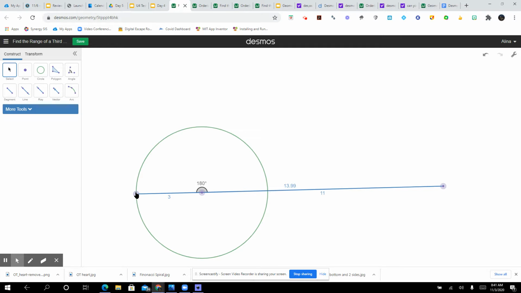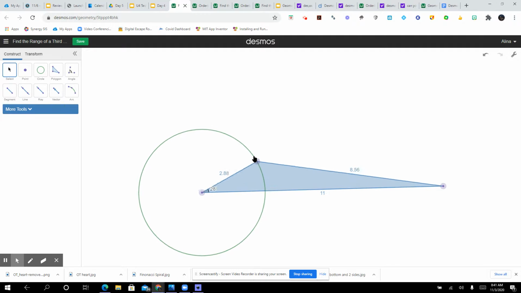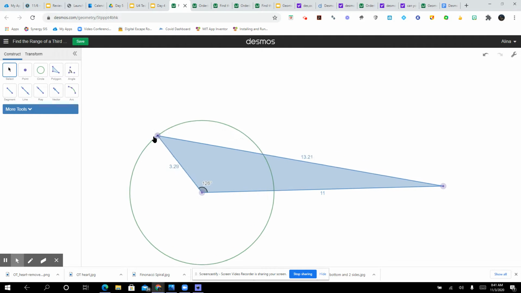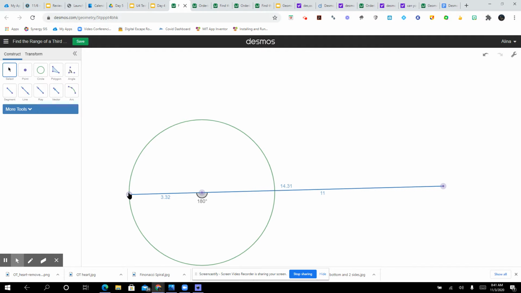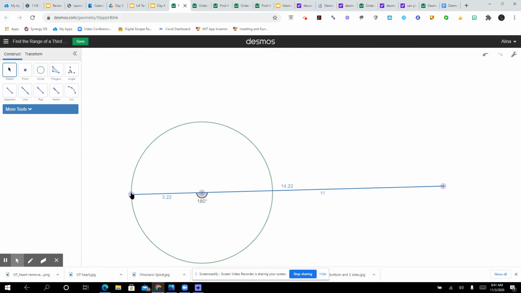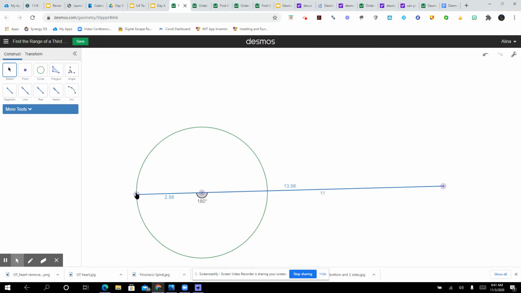If I close that triangle and make it flat, I'm subtracting those two numbers. So 11 minus 3 is 8. It can't be 8, but it can be any decimal bigger than 8, all the way around to where, if I make my triangle flat, 3 plus 11 equals 14.